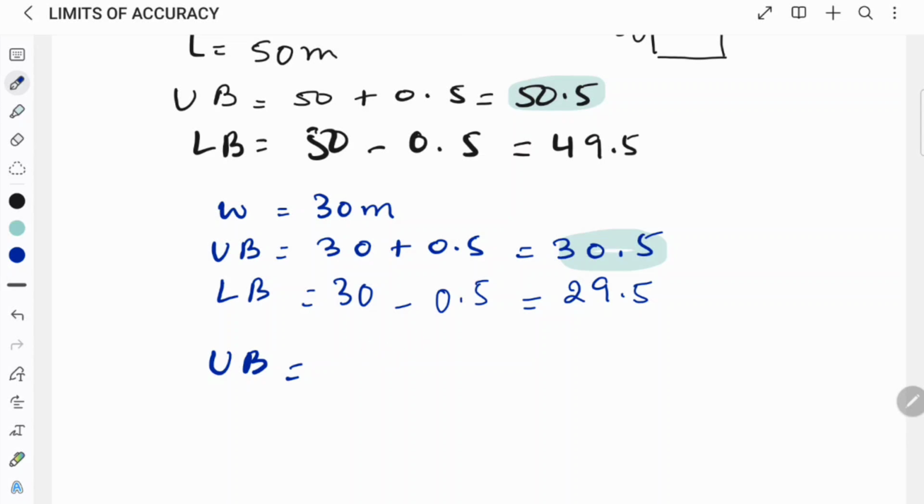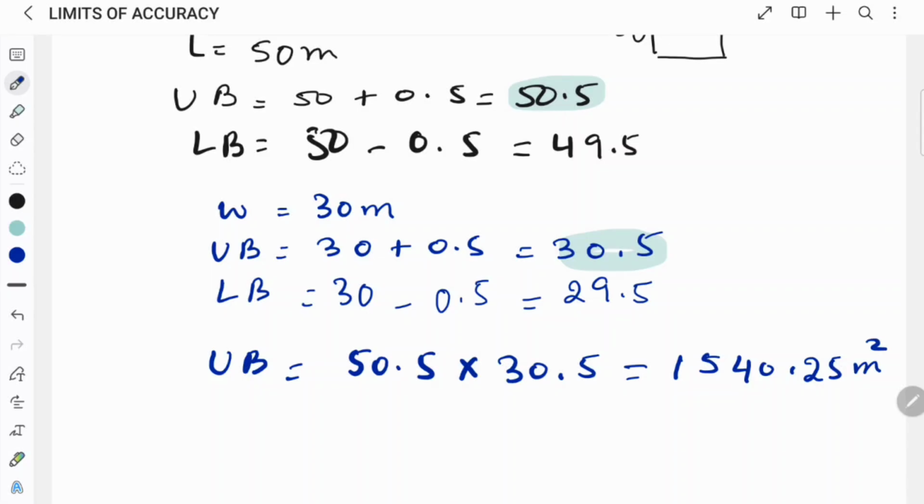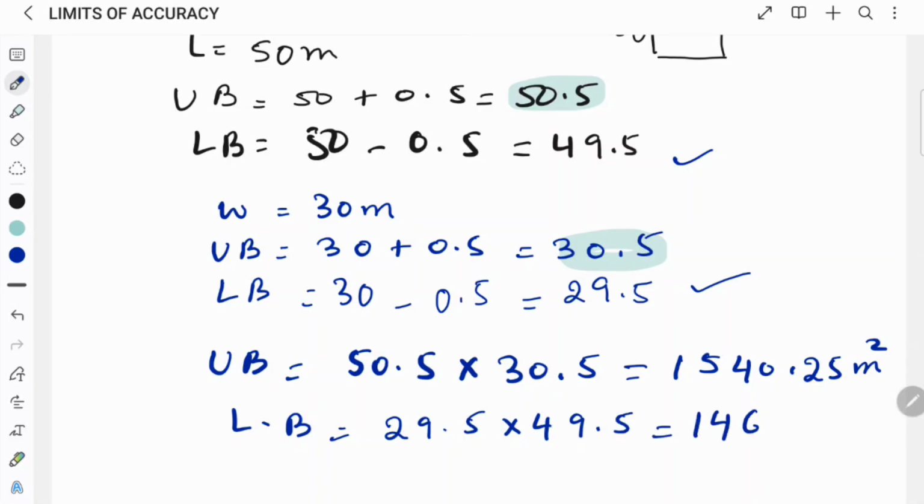So 50.5 times 30.5, which I've already calculated, is 1540.25 meters square. For the lower bound you take the two lower values, 29.5 times 49.5, which is 1460.25 meters square.